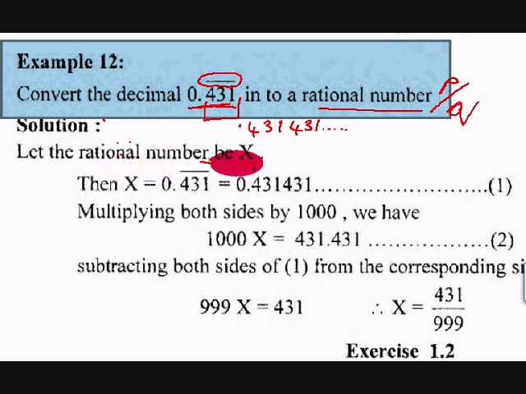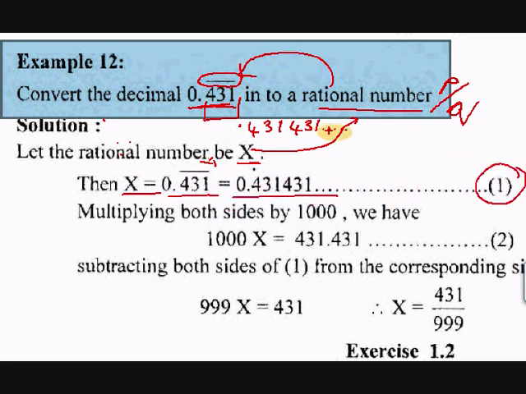The same way, we assume x is the rational number. So x equals 0.431431, and this is equation 1. Since 3 digits are repeating, we bring the 3 digits to the left by multiplying by 1000, so the decimal point goes here, and we get 431.431431.